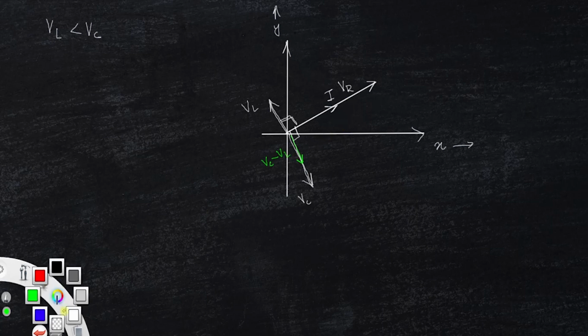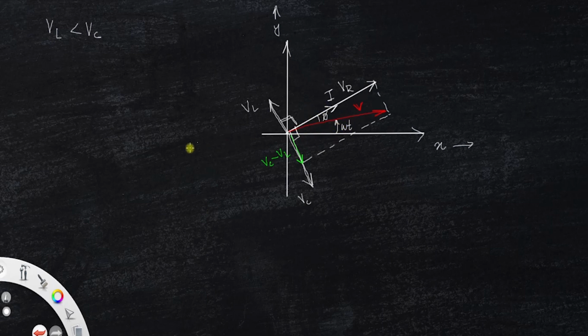Now, in order to find the resultant, we have to complete the parallelogram like this. So this will be the resultant. Clear? This is V. Now this angle is equal to phi, and the resultant of voltage making with x-axis will be omega t.